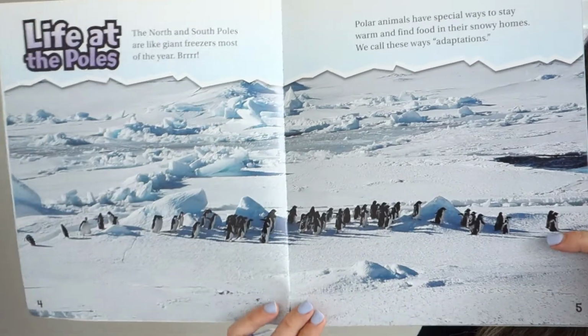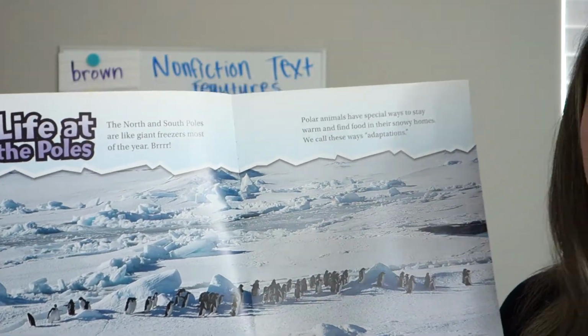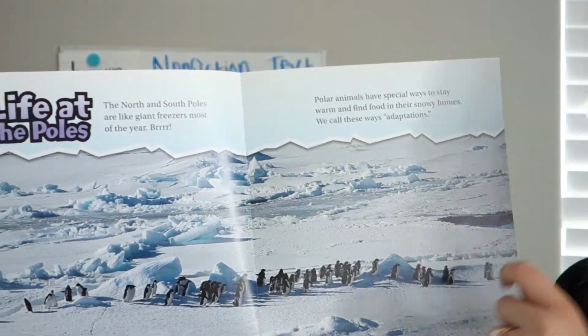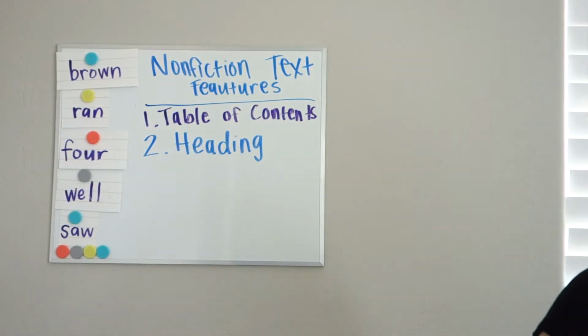It's a photograph. Here, somebody took a camera and took a photograph of this really cool picture of the penguins. So for number 3, we need to write down photograph.